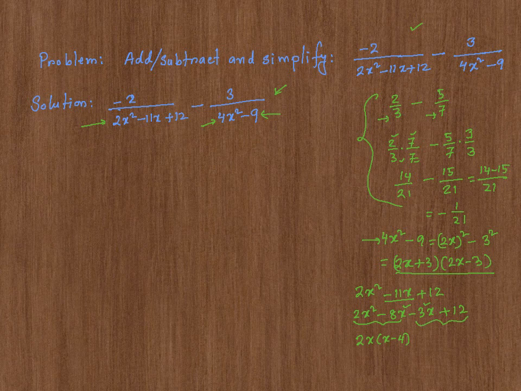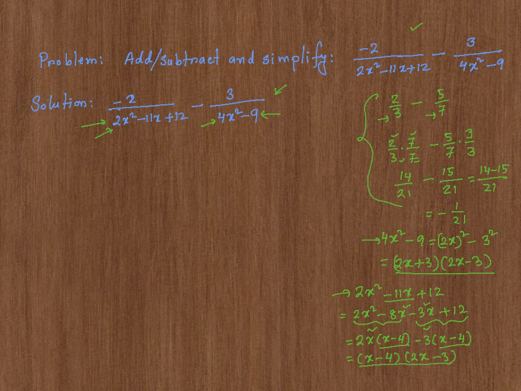Between the second two, I could factor out negative 3, that's going to give me x minus 4. Now I have x minus 4 here and x minus 4 here. I could factor it out once more. If I factor out x minus 4, then I'm left with 2x here and negative 3 here. So this becomes (x minus 4) times (2x minus 3).